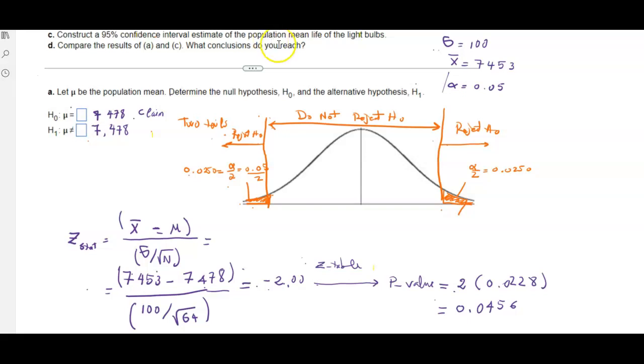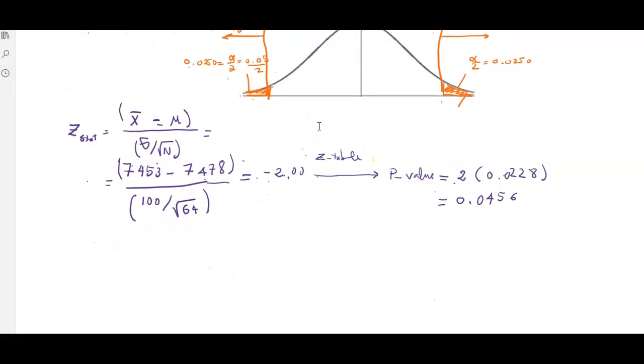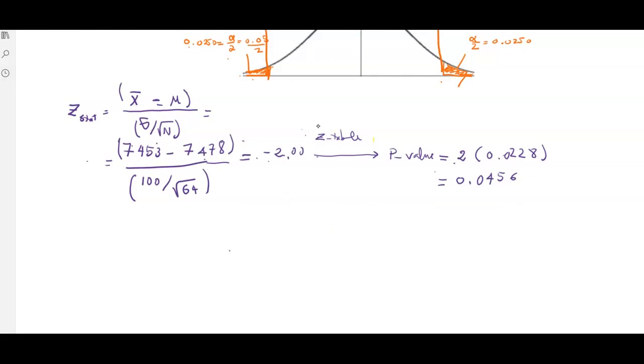So now we have two values, the p-value and the alpha value, and we can compare them. The rule is: if the p-value is less than the alpha value, then reject H0. Let's verify. The p-value is 0.0456 and the alpha value is 0.05.